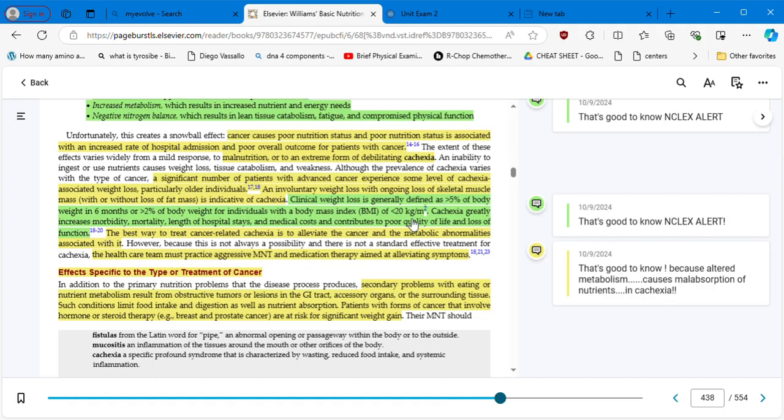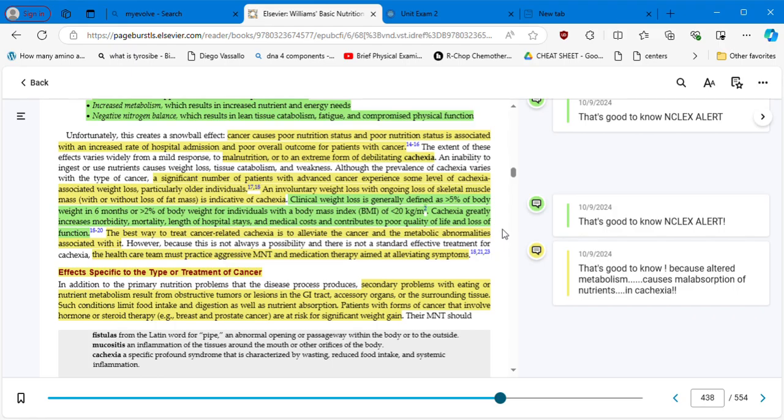Clinical weight loss is generally defined, and this is good to know, NCLEX alert, because they are going to present you with cases, and they are telling you patient A in January, the weight of this patient was 200 pounds, and then in July the patient is 143, right? Something like that. So you need to identify immediately.